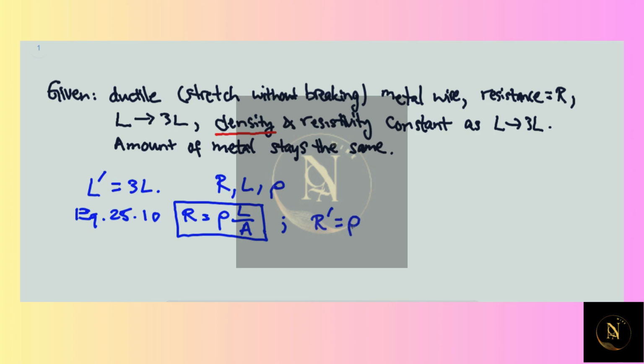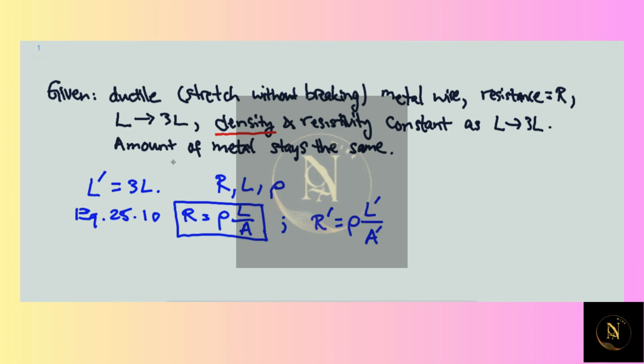We're told the resistivity stays the same, so it's still the same rho, but the length is now the new length, which is 3L, and the cross-sectional area is A prime, but we don't know what A prime is.